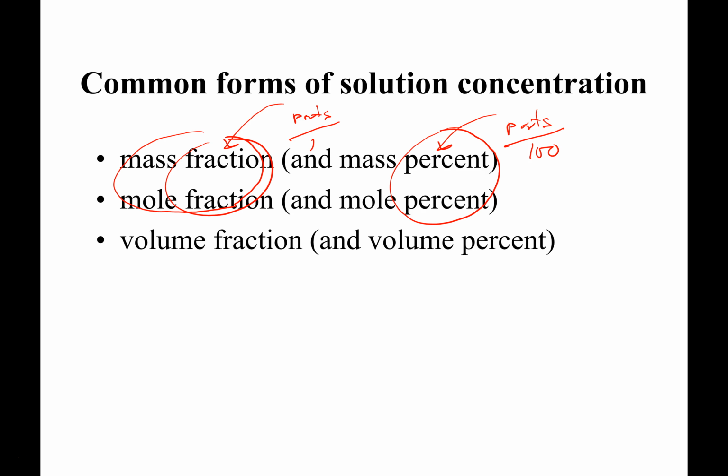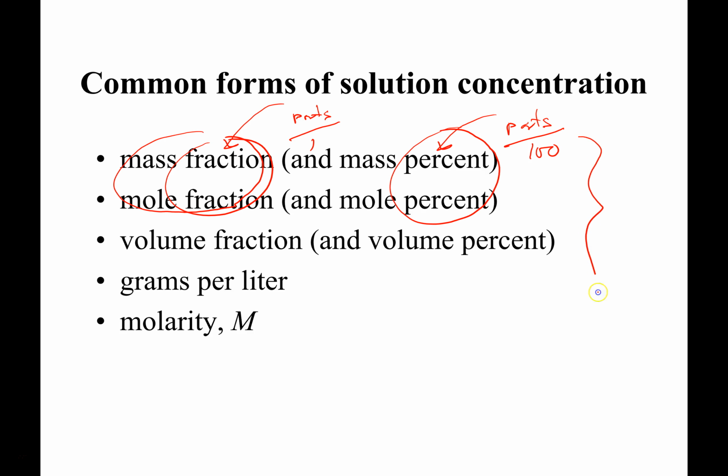So volume fraction would be parts per 1, and volume percent would be parts per 100. Grams per liter, moles per liter. What all of these have in common is an amount of solute per a given amount of solution. Solution is the whole mixture. We're going to revisit some of them.